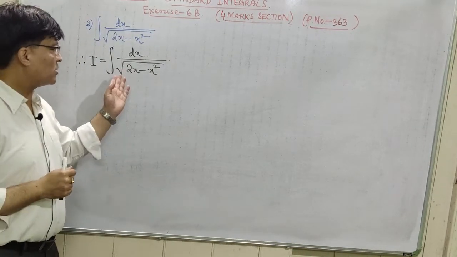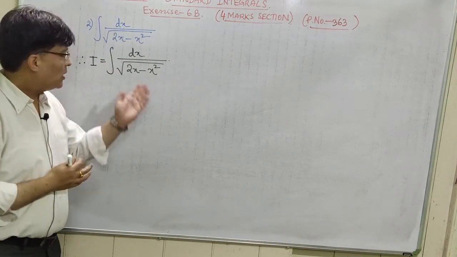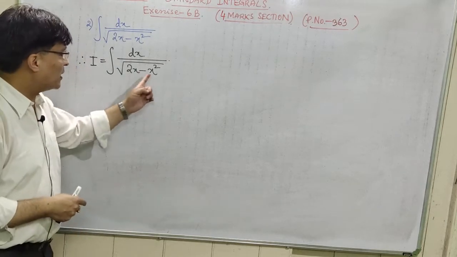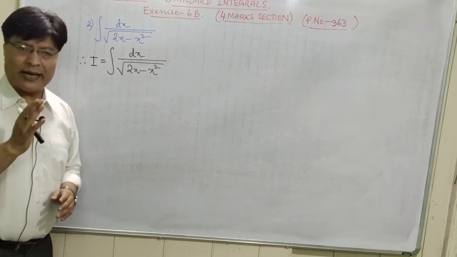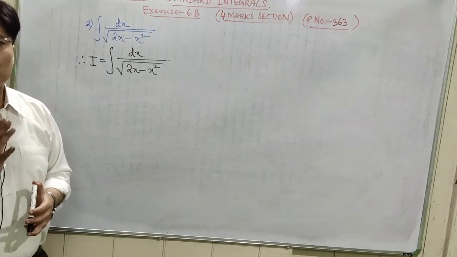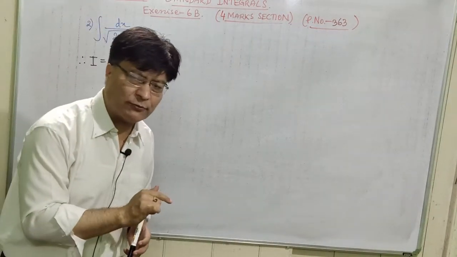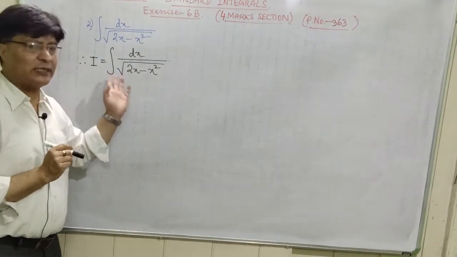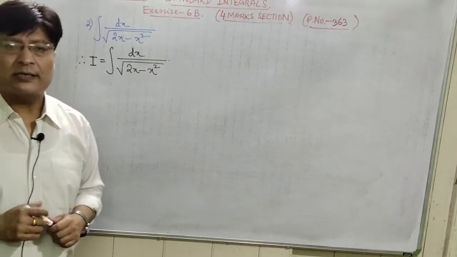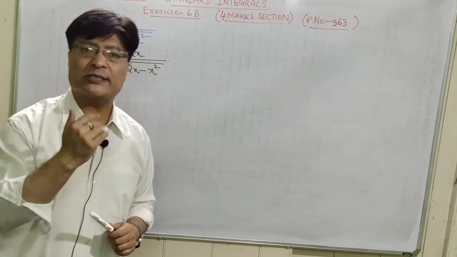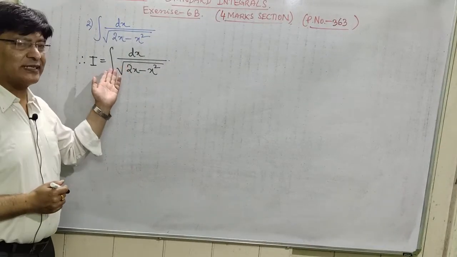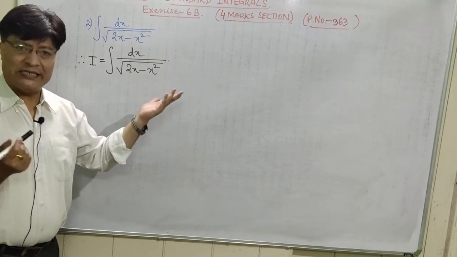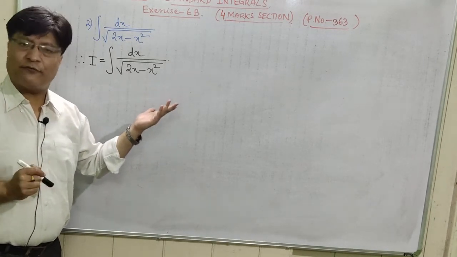Here also the expression is within square root. The expression can be factorized, but the coefficient of x square here is negative. I already told you that if the coefficient of x square is positive only, then you can factorize it. But if the coefficient of x square is negative, don't factorize it. Just convert it into standard form. So you will get the standard form number 6, which makes it very easy to use the formula.